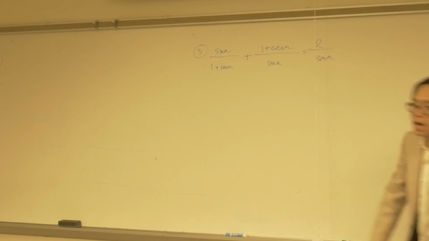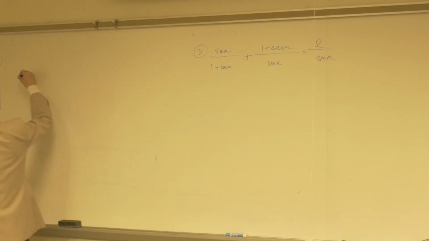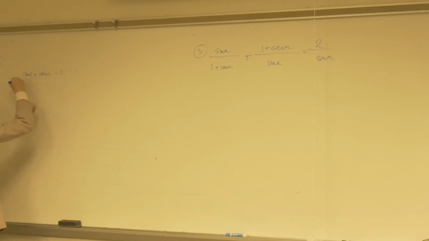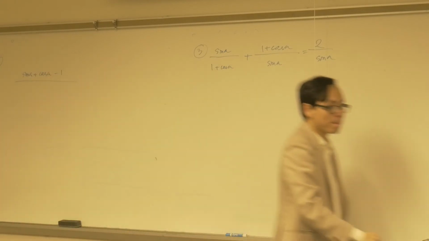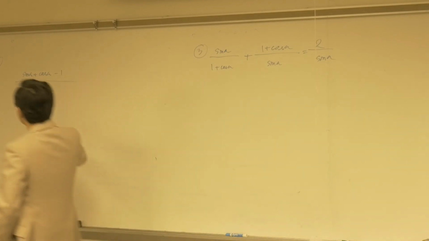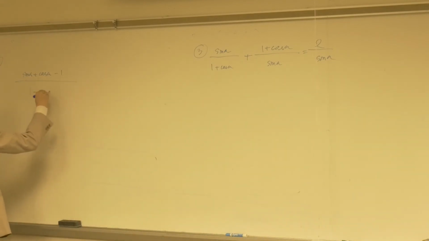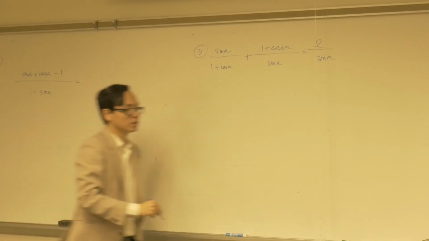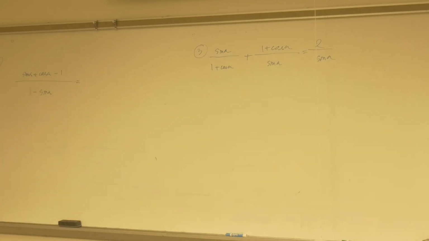Because if you use the right side, it's just sine A. Because if you have that 1 minus cosine over 1 minus sine A equal to... Okay. 2 cosine A.